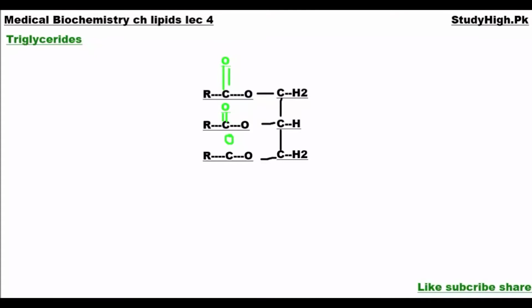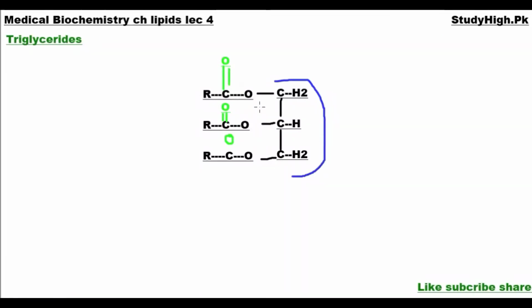In this lecture, first of all, I start the discussion from triglyceride and its importance in our body. I will not waste time explaining how triglycerides are formed, as I have already explained how lipids are formed in my first lecture. Triglyceride consists of one glycerol molecule. Glycerol consists of three carbons.